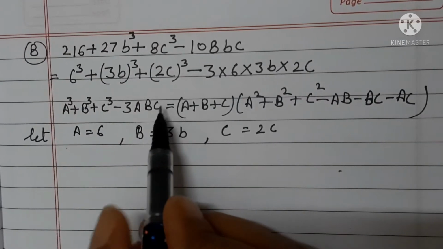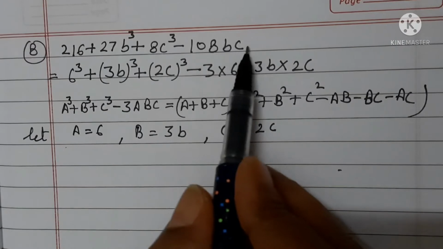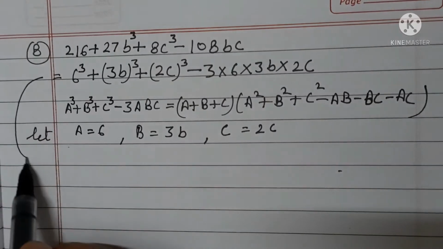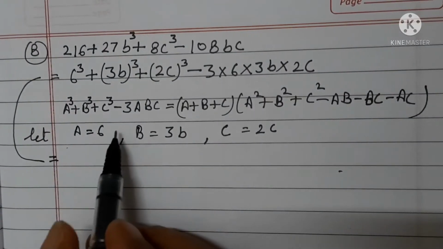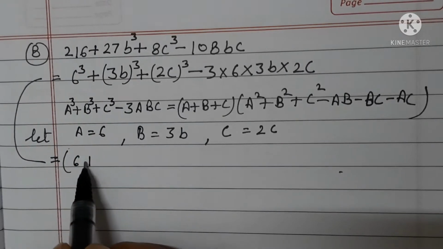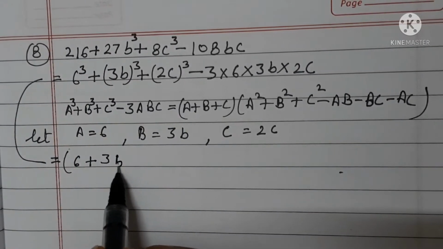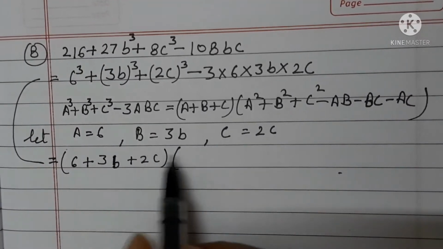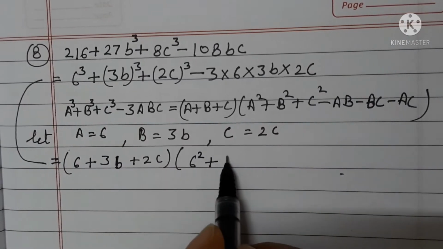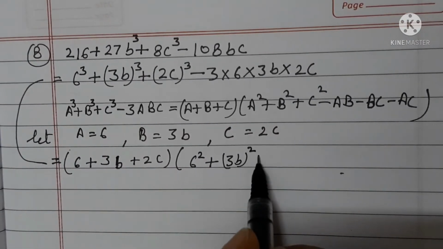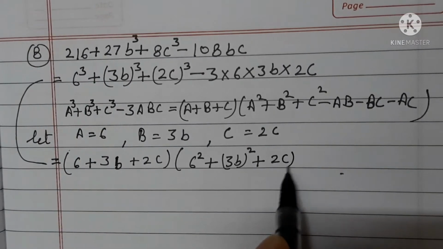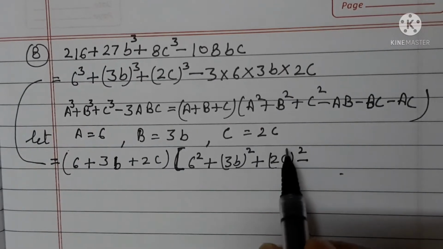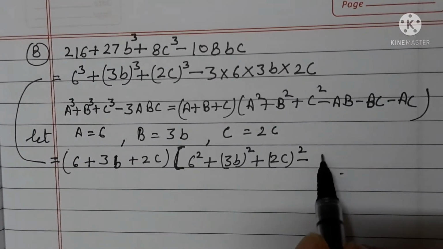Now you can convert this expression in the form of a plus b plus c. Here you can put it equal to 6 plus 3b plus 2c, a plus b plus c, a square means 6 square plus 3b whole square plus c square means 2c whole square, here use another bracket, minus ab, 6 3s are 18b.